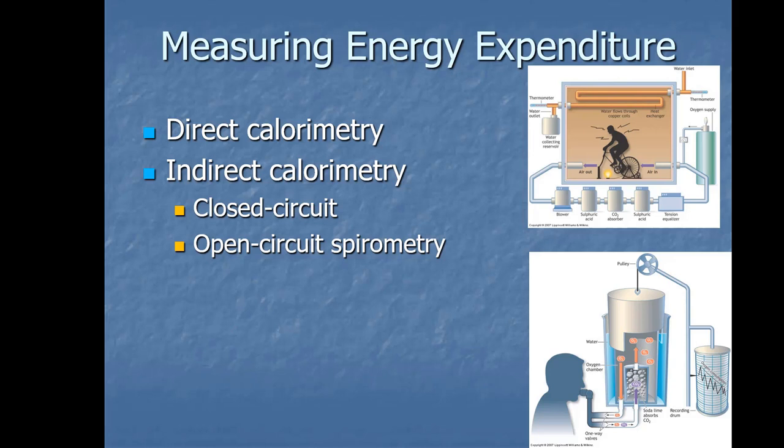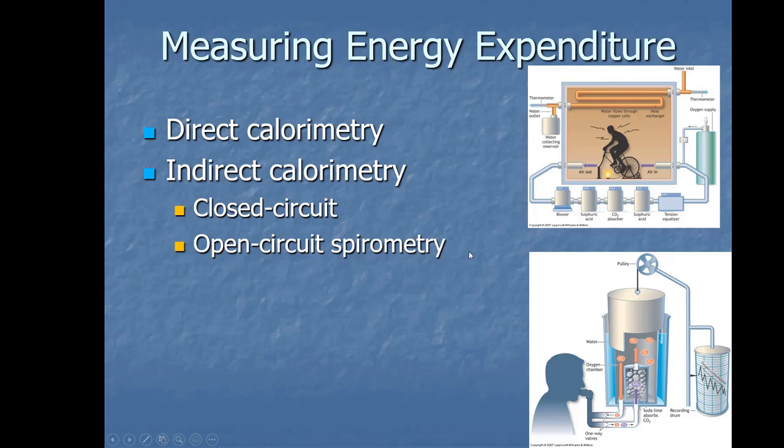The amount of heat that the body's giving off changes the temperature of some type of water or fluid flowing around the chamber, and that temperature difference can be quantified. So when you measure heat, that is direct calorimetry.